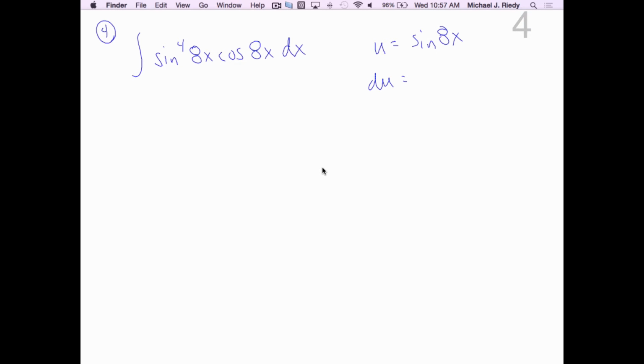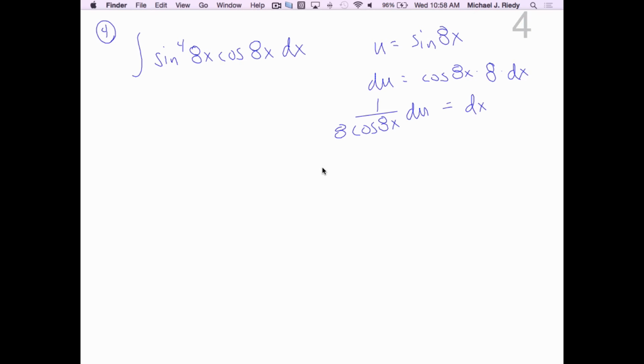Okay, so here you get it dealing with derivative of sine versus integral of sine. Cosine. Yeah, cosine. Keep going. 8x times 8 times dx. So dx is equal to 1 over cosine 8x, with an 8 there too, 8 du.